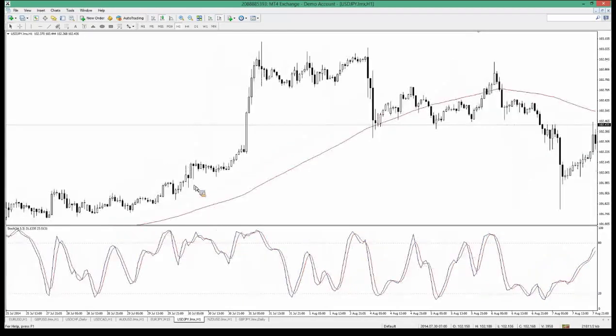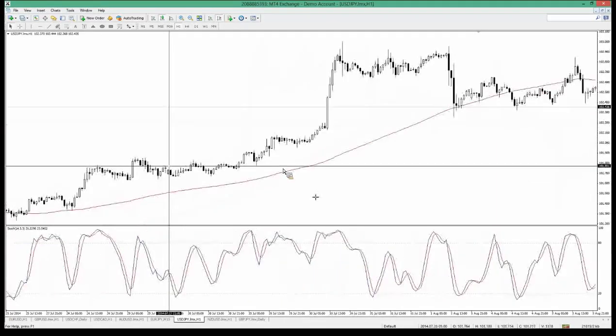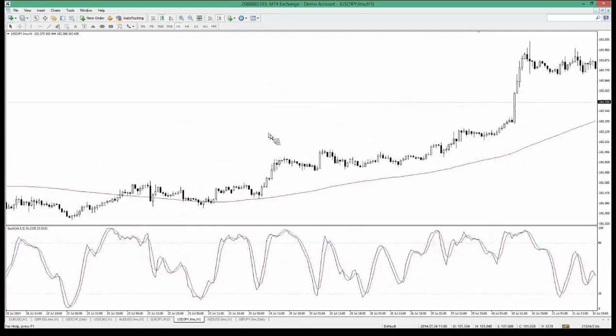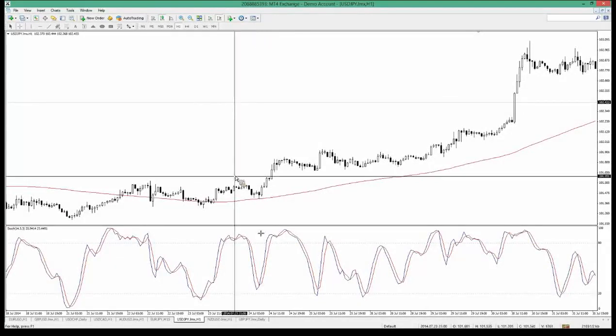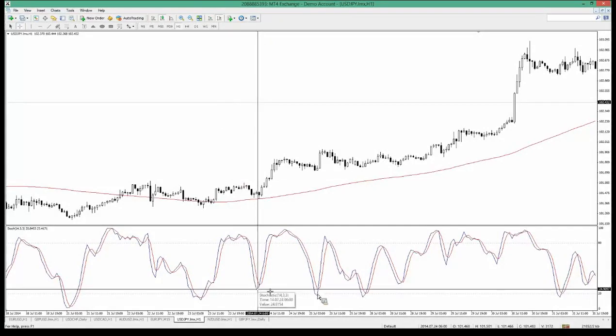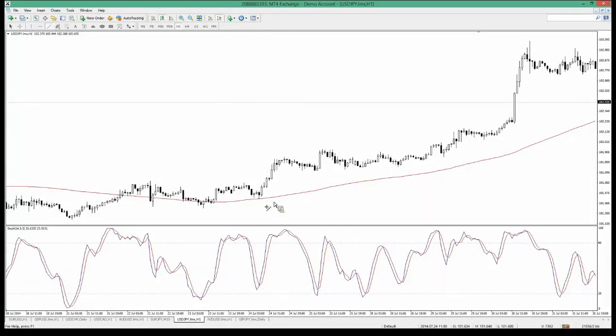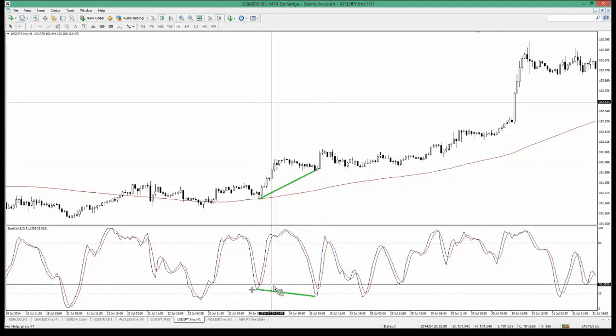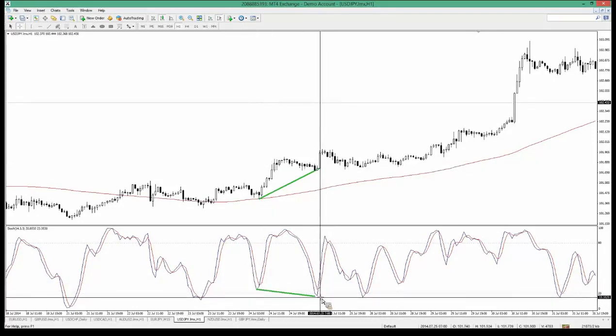Just throw it in, but the important thing is to look to trade with the trend. If there's no trend, that's when you're going to start running into trouble. You can see here, for example, there's a very shallow pullback here to price.